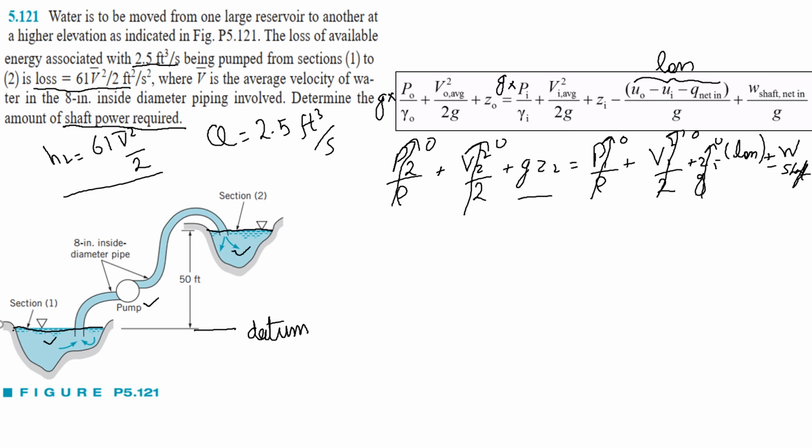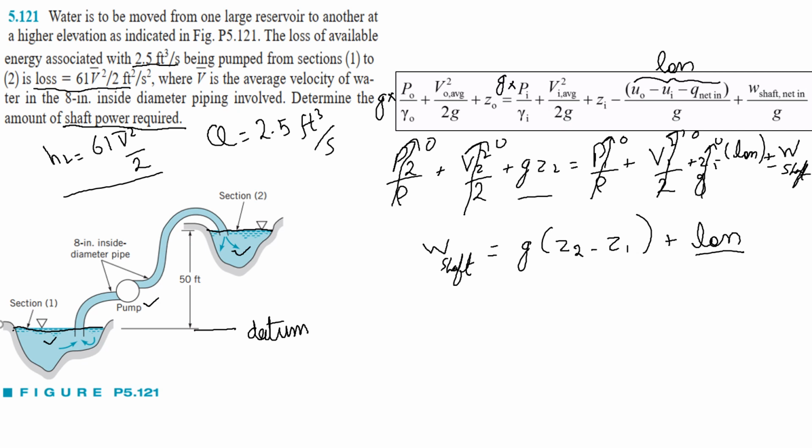So arranging this equation, the work that the shaft does on the fluid is equal to g into (Z2 minus Z1) plus the loss due to friction.